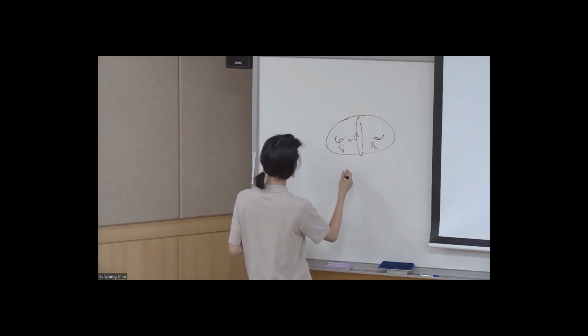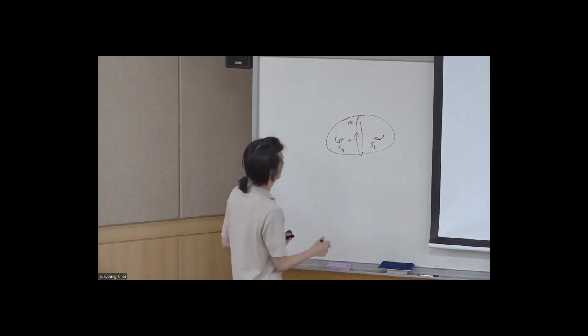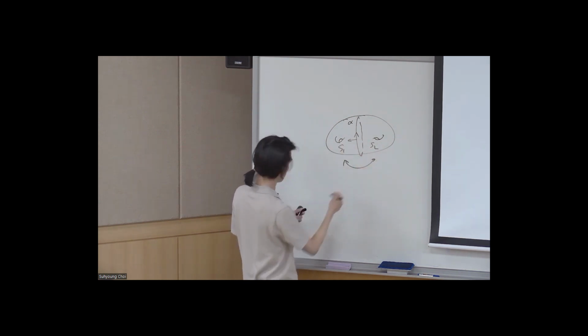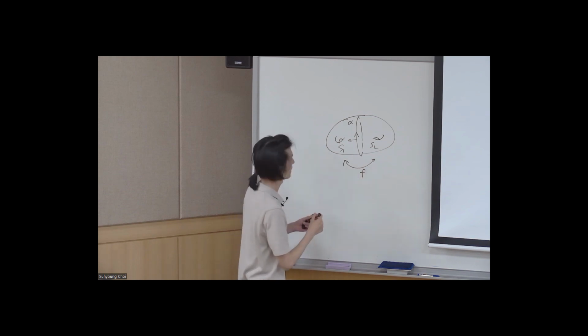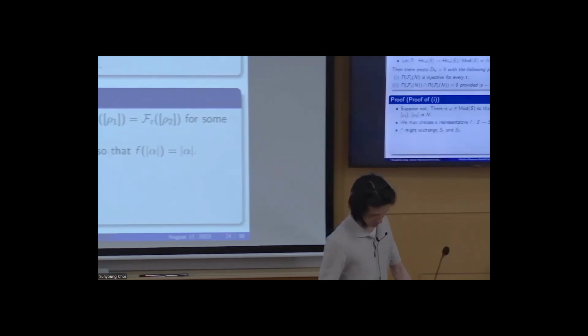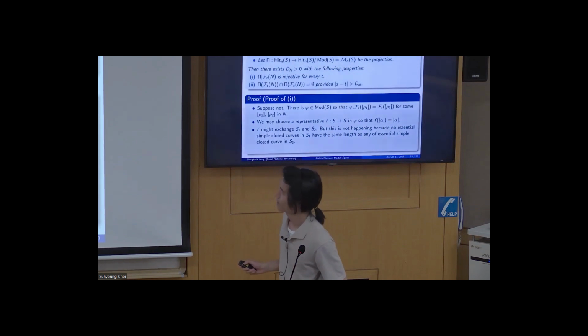For a genus 2 surface, if alpha is given in this way, there is a mapping class that flips one component and the other component. That can happen. But we made our set n so that this kind of bad property will never happen.